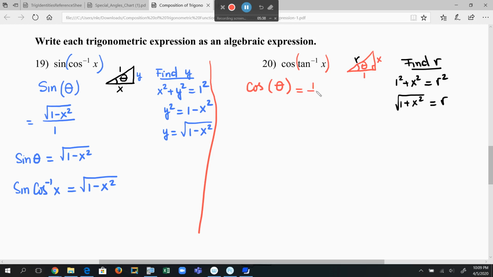So 1 divided by r, but r will be replaced by the square root of 1 plus x squared. Or we can conclude that the composition of the two functions cosine and inverse tangent of x is the expression 1 over the square root of 1 plus x squared.